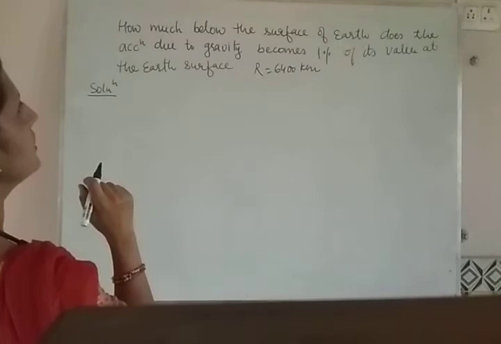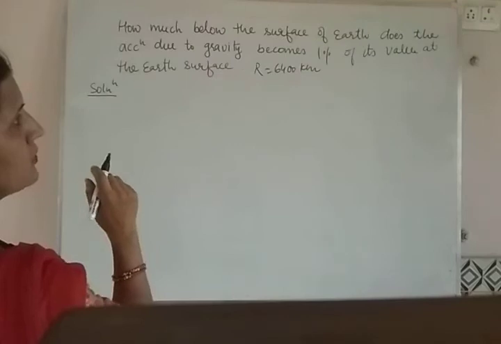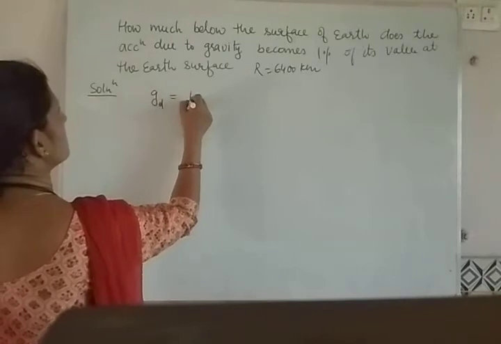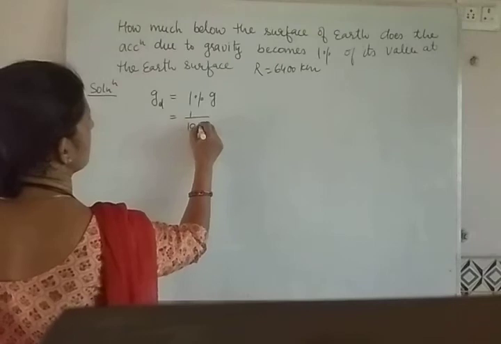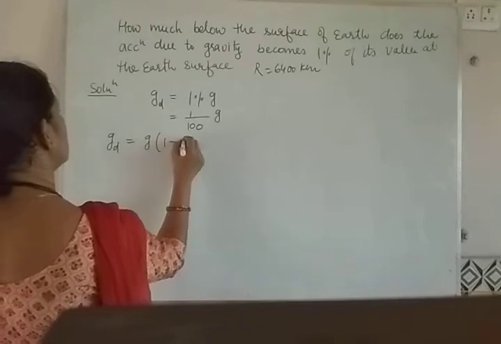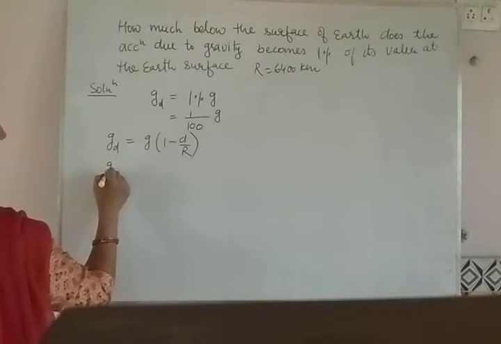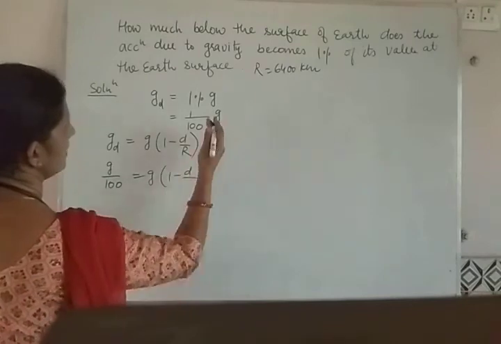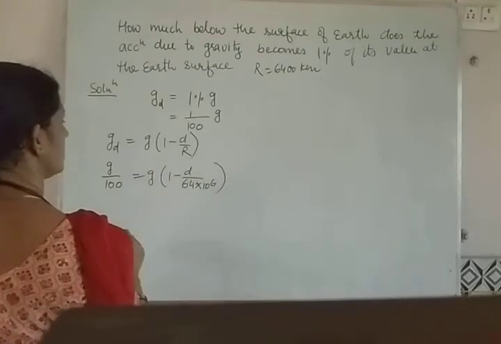So gd is 1% of the value on the surface. 1% means 1 by 100 of g. You know the formula, gd is equal to g into 1 minus d by r. So put the value here. This is g by 100 is equal to g into 1 minus d by r, and r is 6400 kilometer, that is 6.4 into 10 raised to power 6 meters.